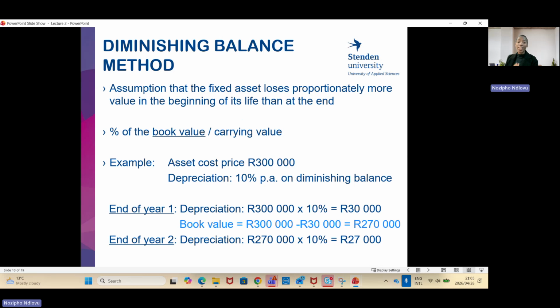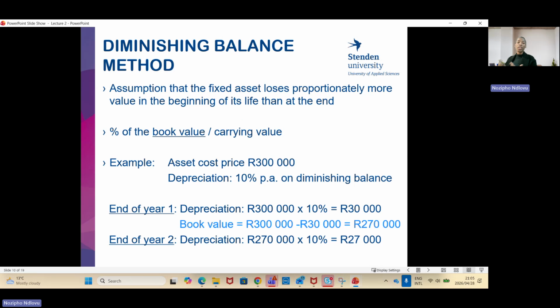And then in order for you to get the depreciation, or the value that will be lost, it will be 10% of the new book value. So it will be 270 multiplied by 10%, which will then give you 27,000. So you see, each and every year it changes, it decreases.